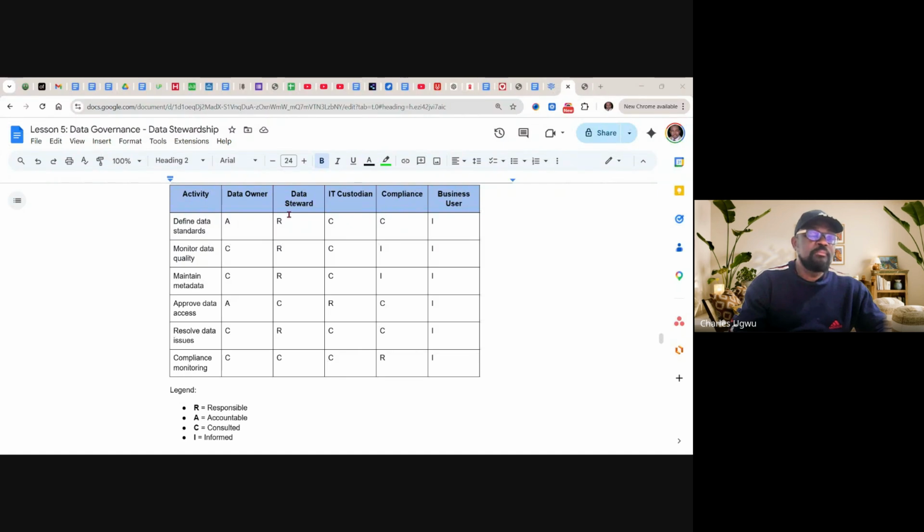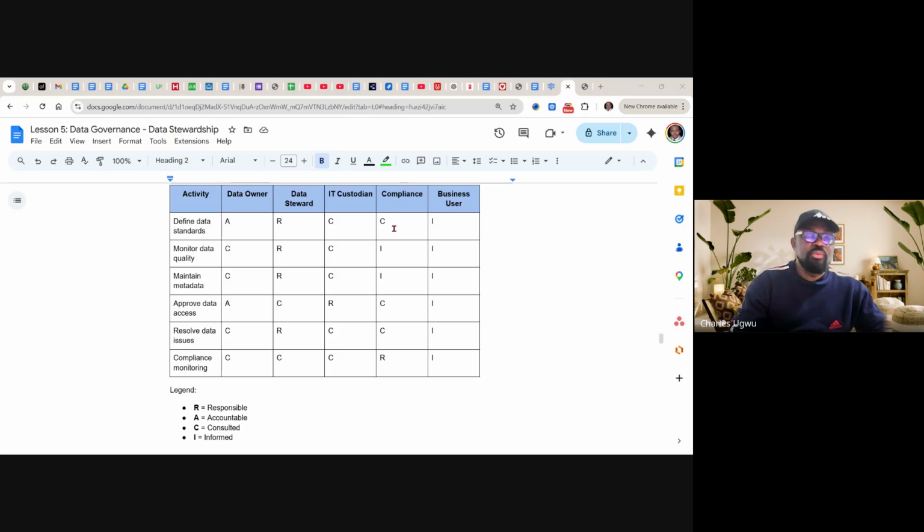Then under define data standard, the data steward is responsible to do it. So it means the data steward is actually defining the data standard, but the data owner makes sure that it's done. And while defining the standard, IT custodians should be consulted. They make inputs.